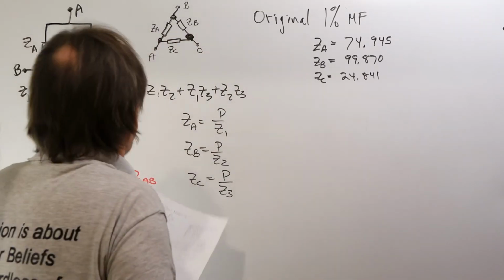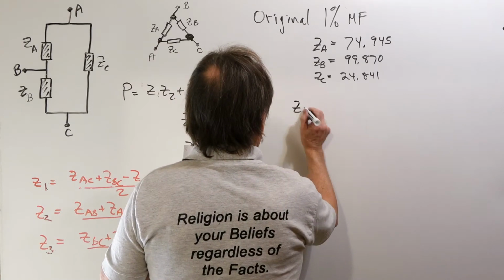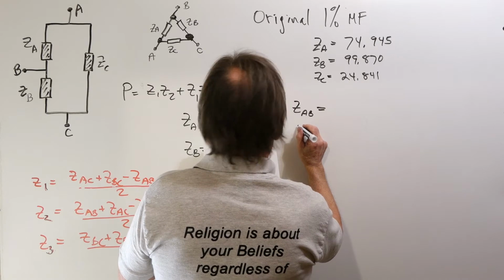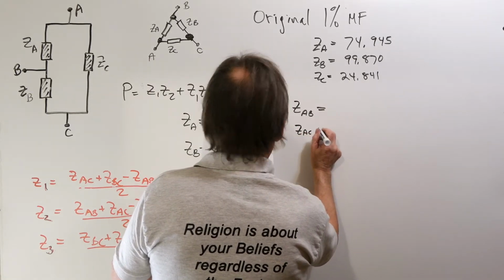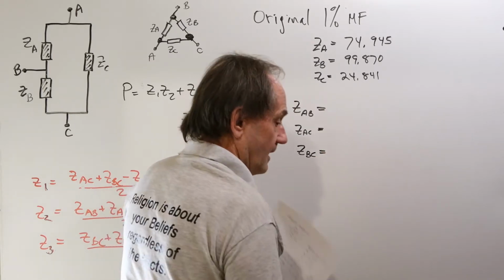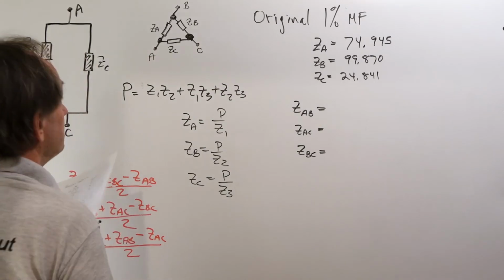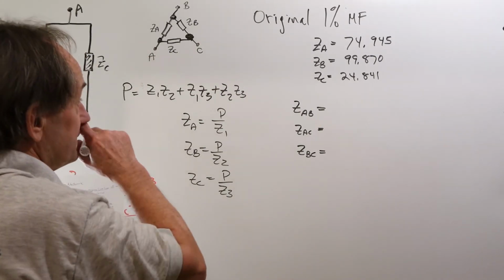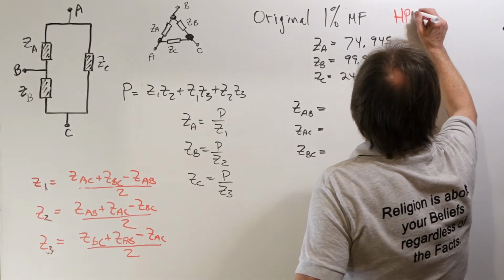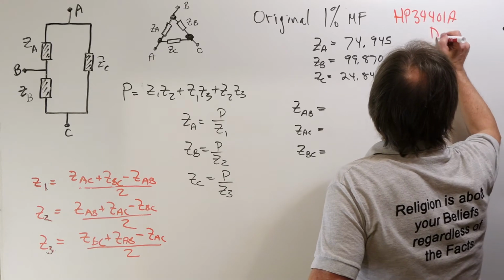Now, I went ahead and measured the node pair values, ZAB, ZAC, and ZBC. The way this was done is I measured it 3 different times here recently using an HP 34401 digital multimeter.